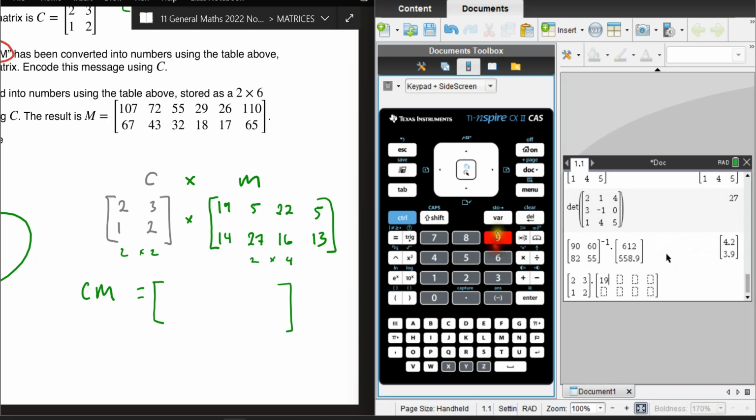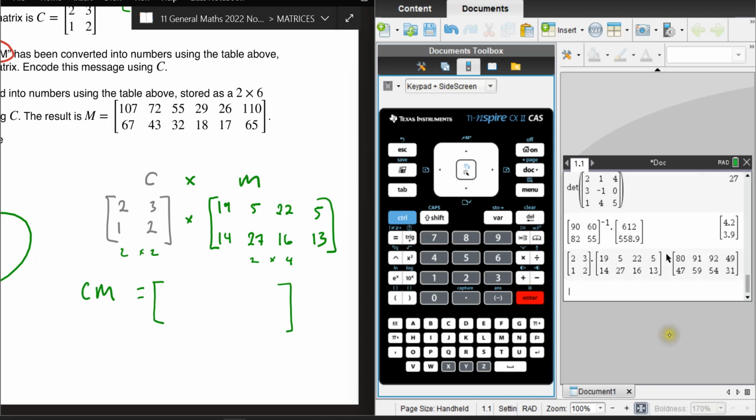So 19, 5, 22, 5, 14, 27, 16. Just make sure, guys, that you double check your numbers and that you don't get any incorrect, because then your numbers here are going to be way off. Okay, so doing that, there's my answer.